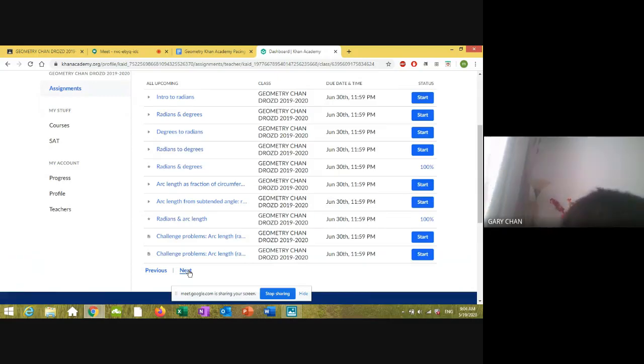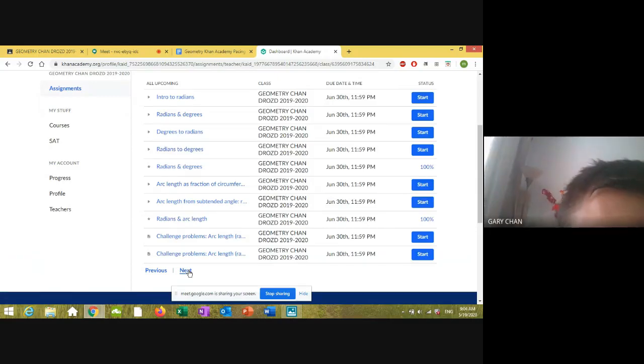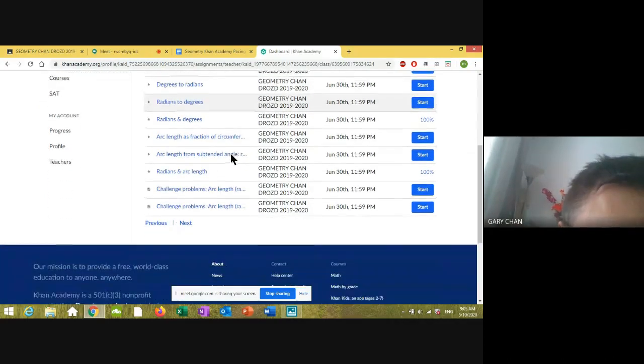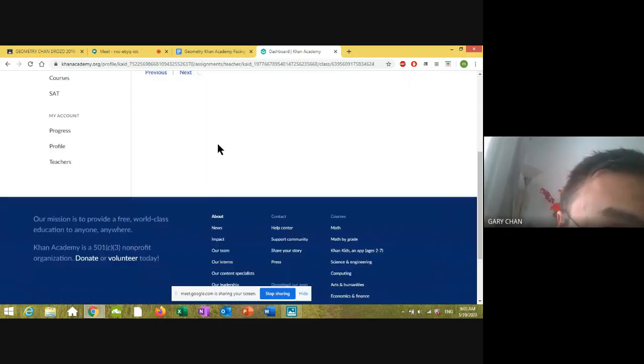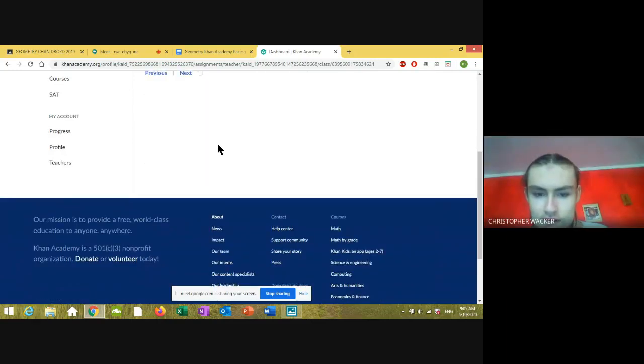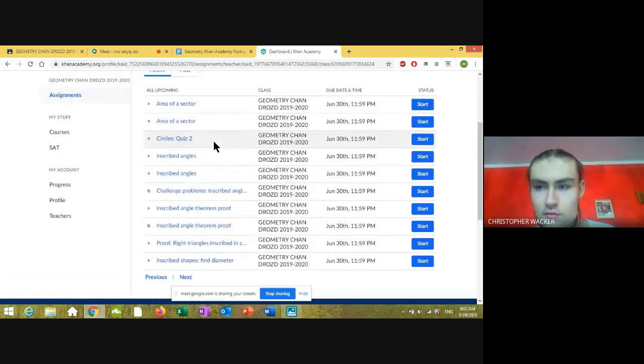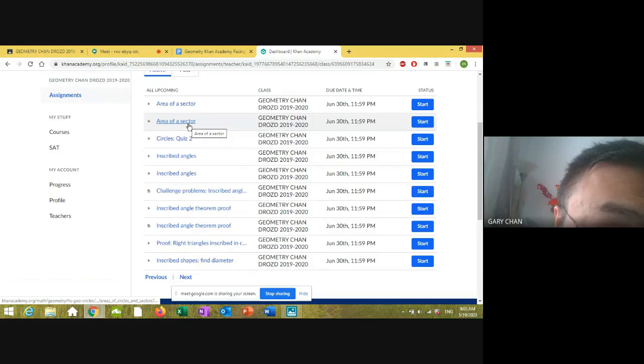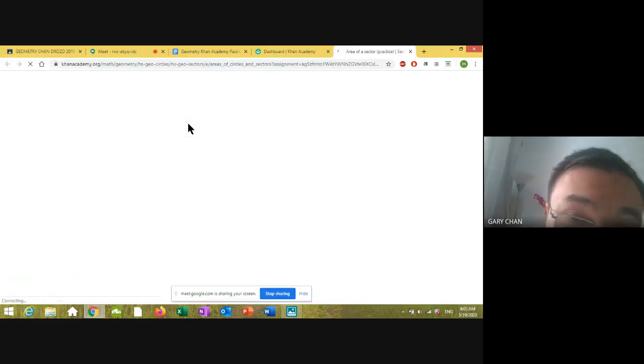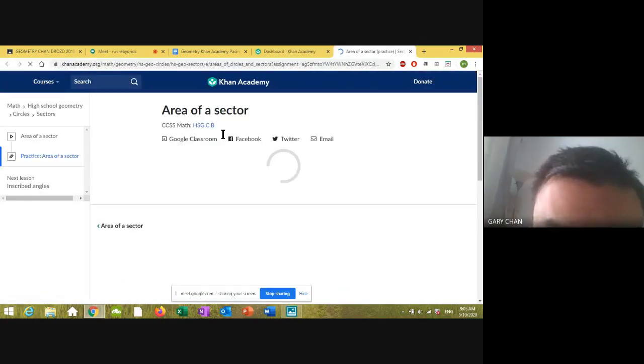Actually, we'll need to hit next one additional time, so it's 16 times. Yep, I see it right there. You see it, Chris? Yes, I do. Okay. Area of a sector. I'm going to open that up, but we're not going to get to this just yet.